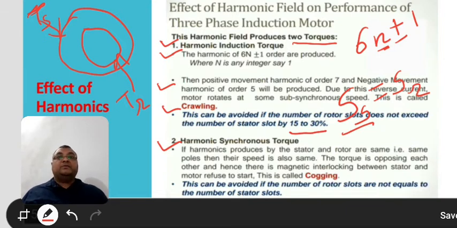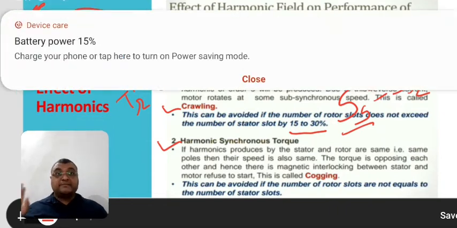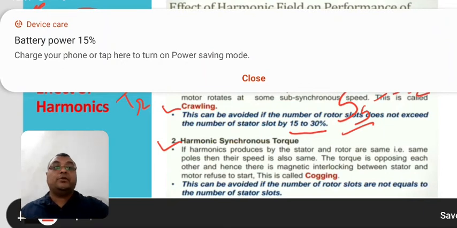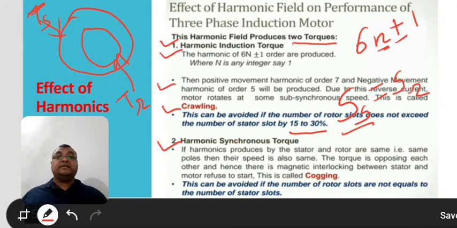Okay, so when the number of stator slots is equal to the number of rotor slots, the number of poles is equal, and the harmonics produced by stator and rotor are also the same.